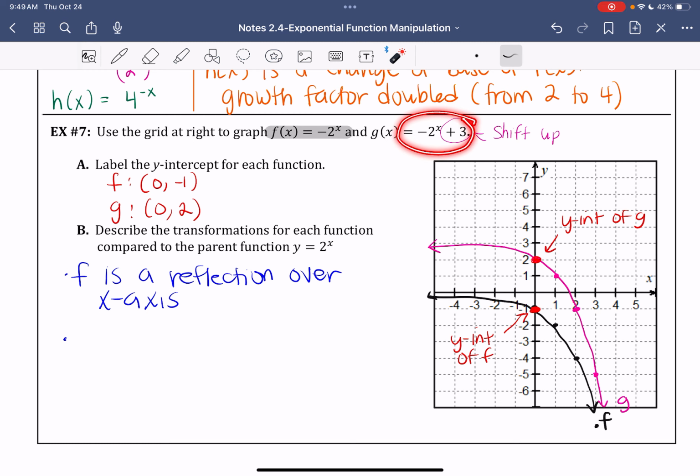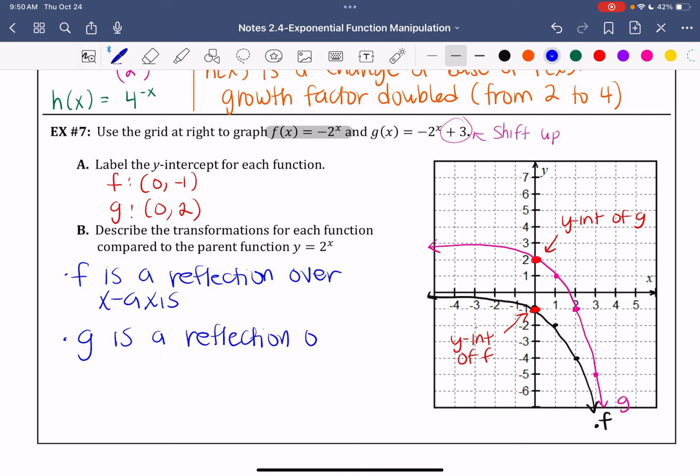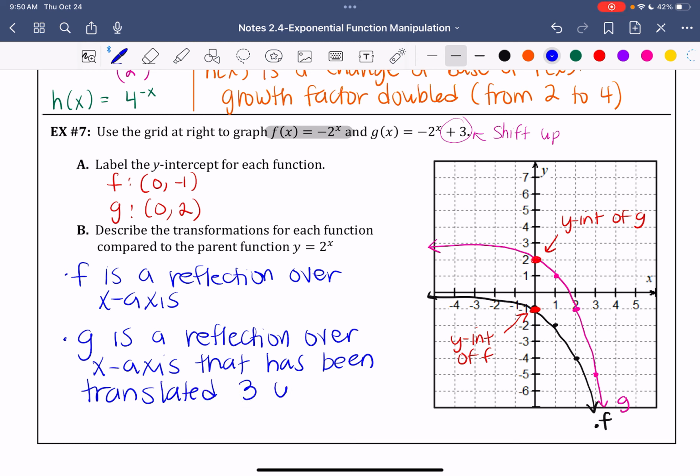But this one here, comparing it to the parent function, it has that negative, so it's also a reflection, but it also shifts up. So G is a reflection over the x-axis that has been shifted, or let's say translated, 3 units up.